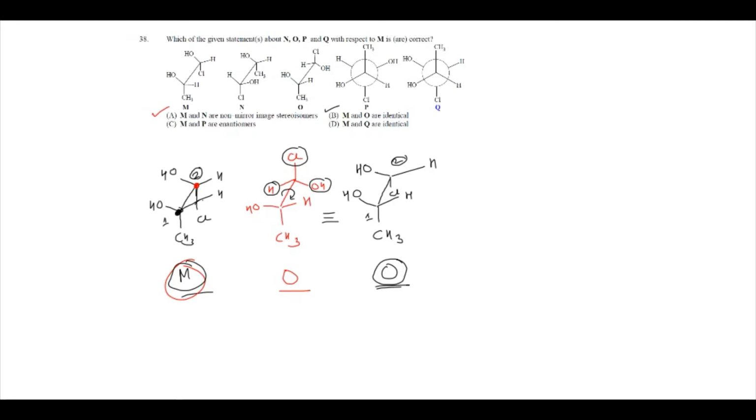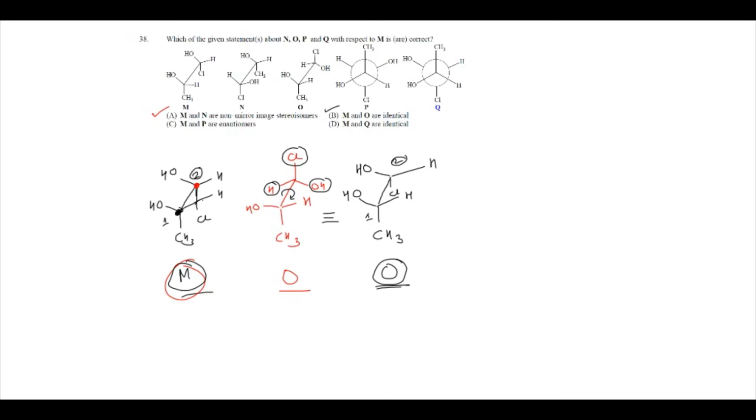What about C, that is, M and P are enantiomers? Let me check. I already have the structure of M. I will draw the structure of P in Sawhorse projection, because here it is in Newman projection. Comparing different projections is quite difficult.